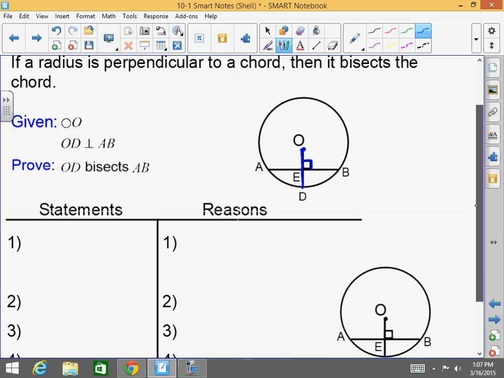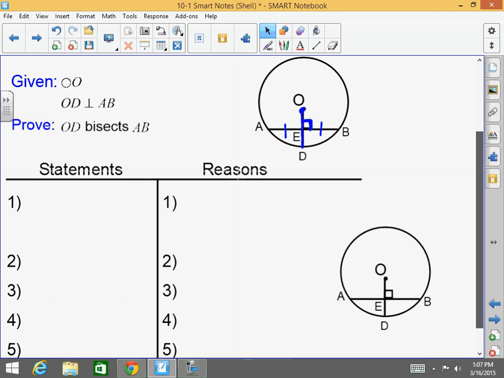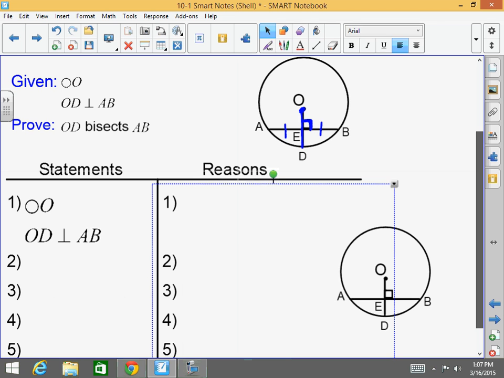So if I have this radius right here, and it is perpendicular to the chord, it is going to bisect that chord. And we have a very easy proof here. The given is that you have a circle O. The given is also that OD, which is the radius, is perpendicular to AB. So that's my given. No worries.